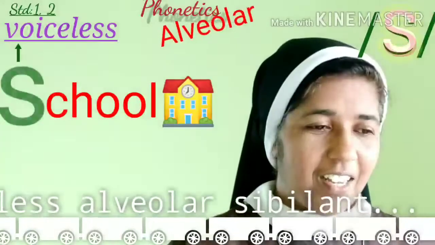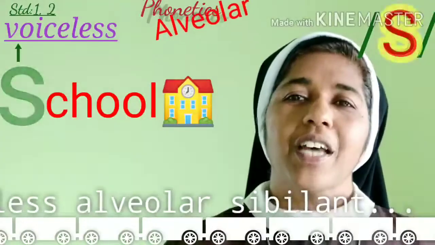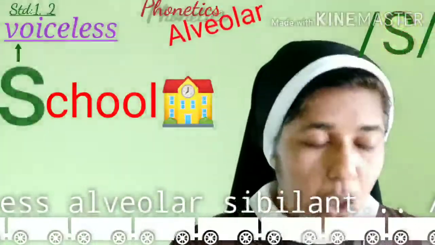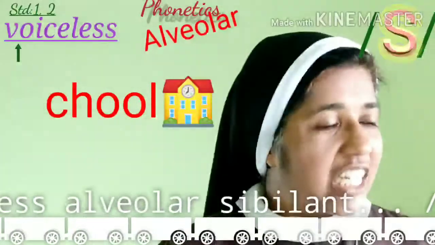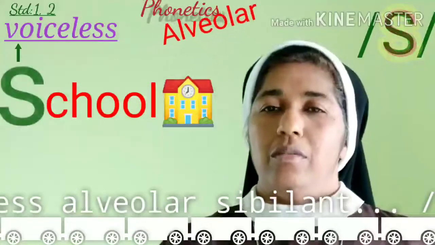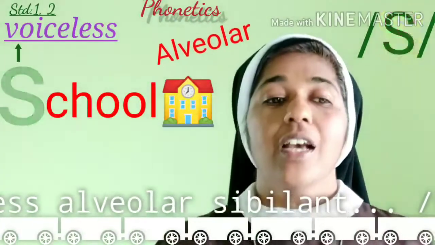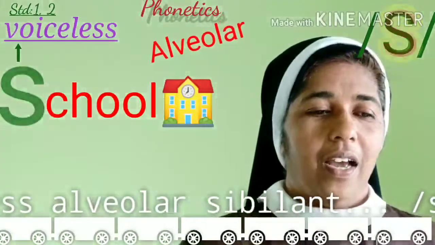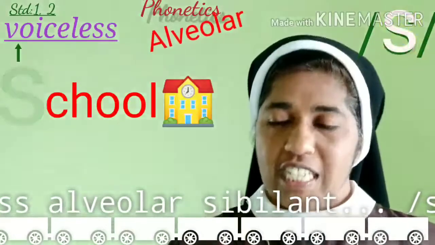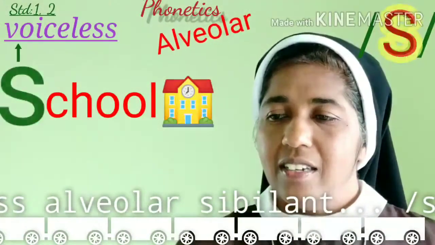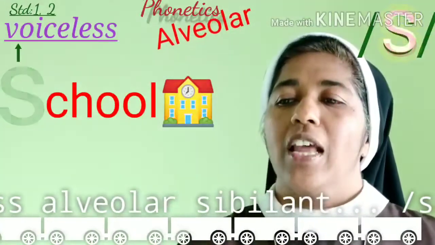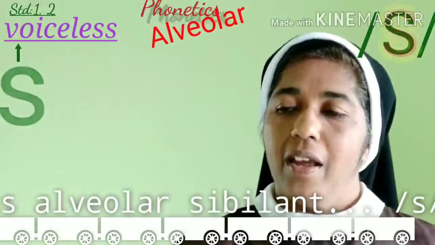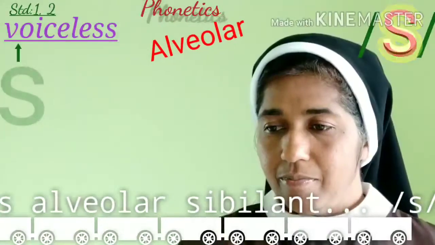S, first letter of that particular word. How do we sound it? S. It is not 'school', it is school. How do we say that? School. Again. So it is just a voiceless alveolar sibilant. Say it again. Voiceless alveolar sibilant.